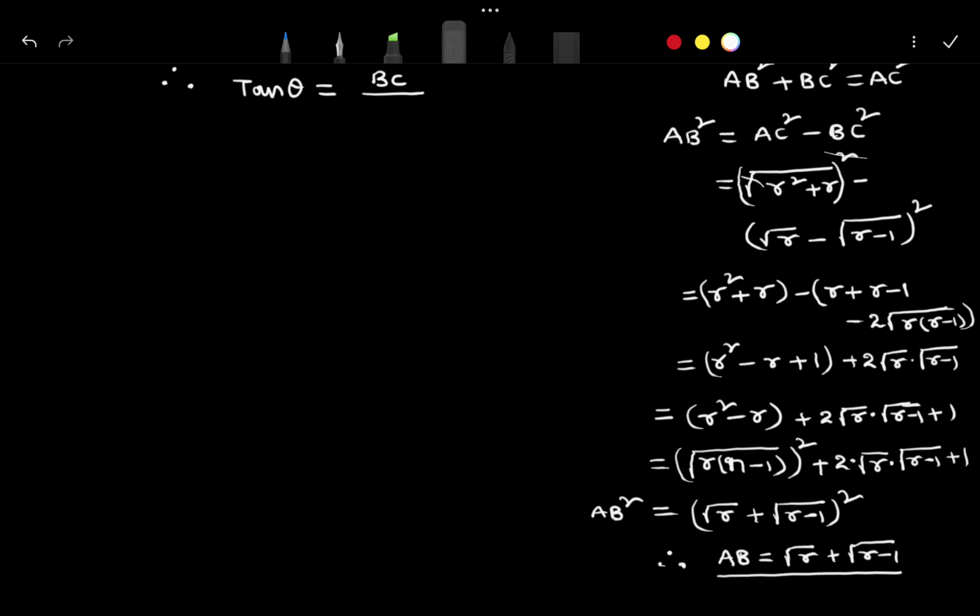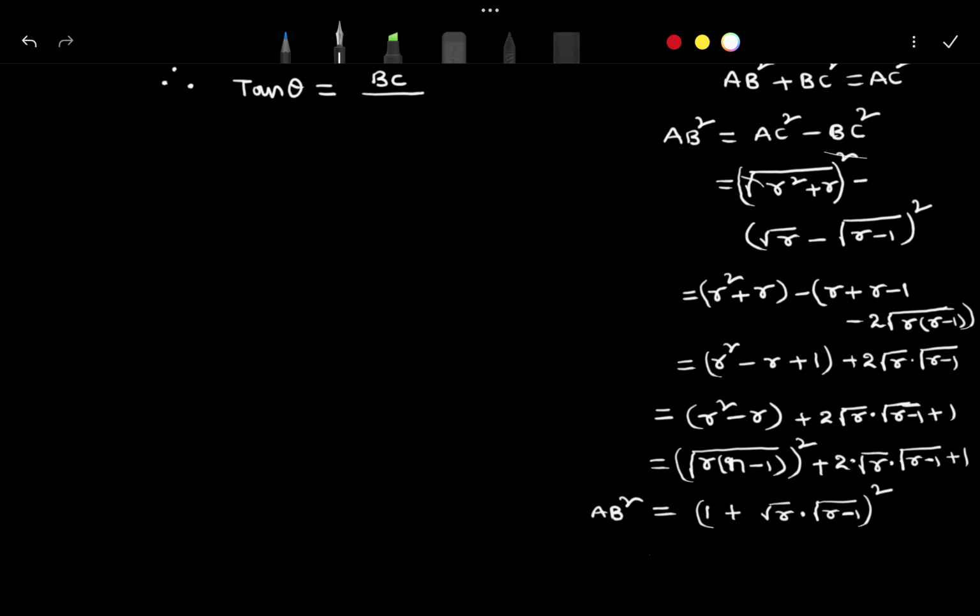This value will be 1 plus 1 plus 1 plus root r into root of r minus 1 whole square. Sorry, this value will be whole square.